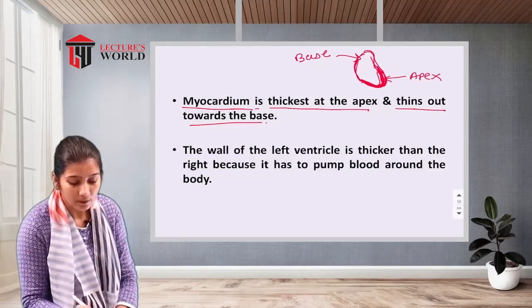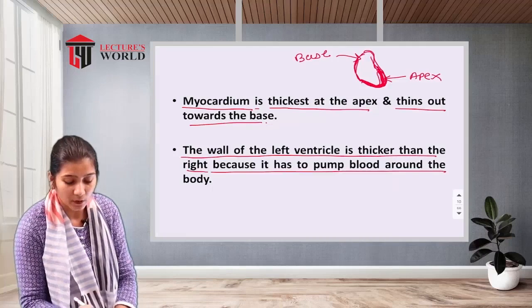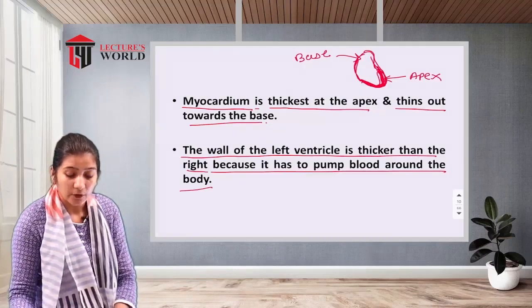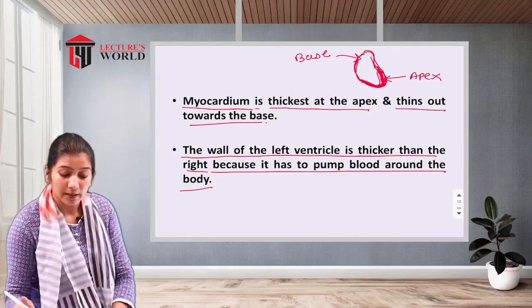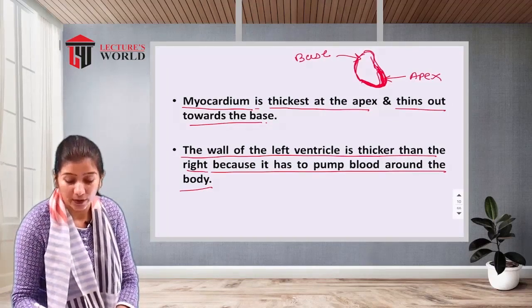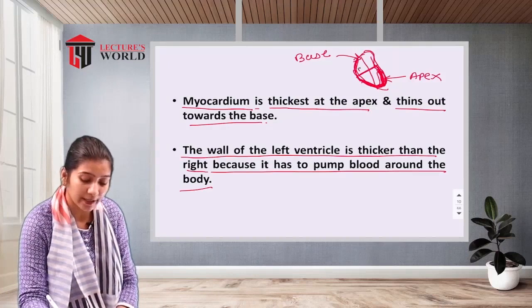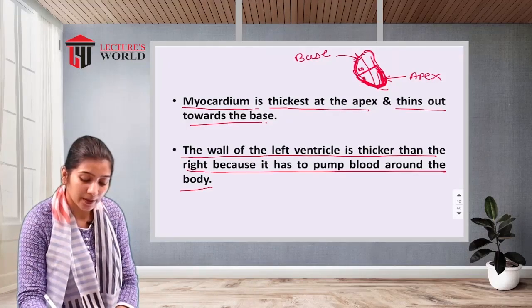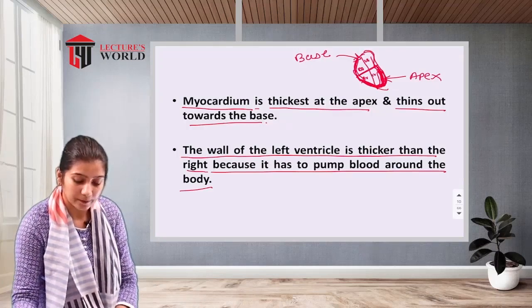The wall of the left ventricle is thicker than the right because it has to pump blood around the body. So the myocardium layer is thicker on the left side compared to the right one. You can see over here there are four chambers: the right atrium, right ventricle, left atrium and left ventricle.